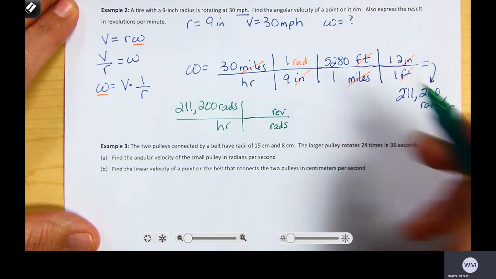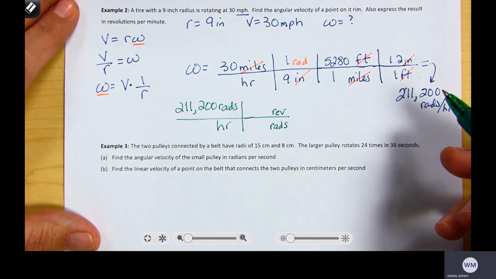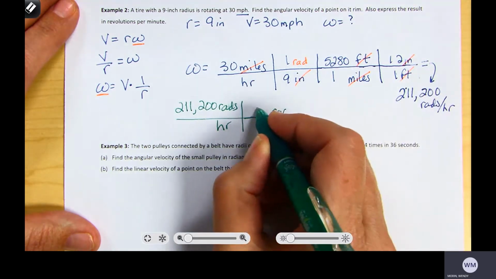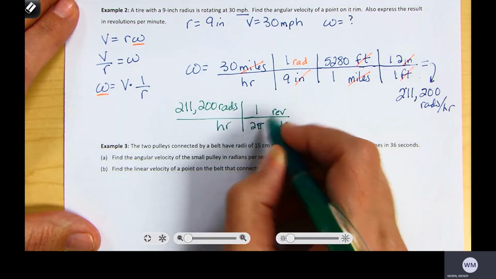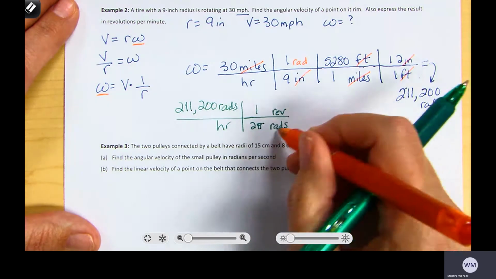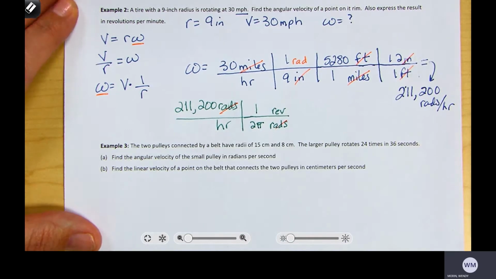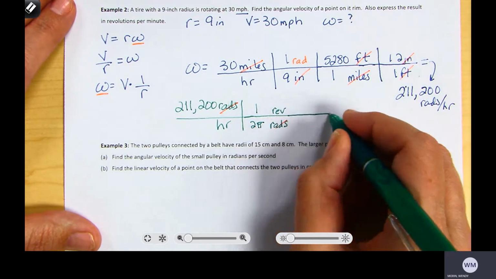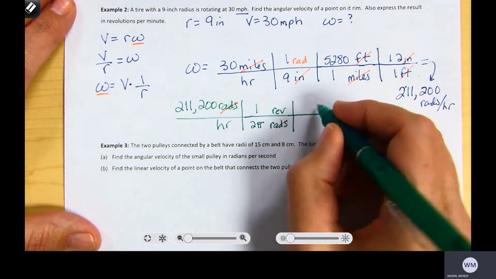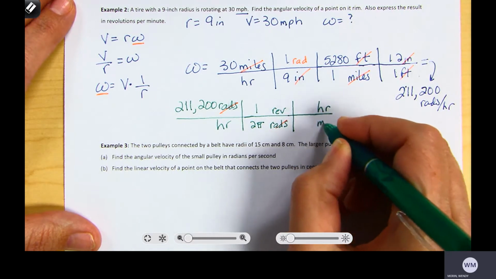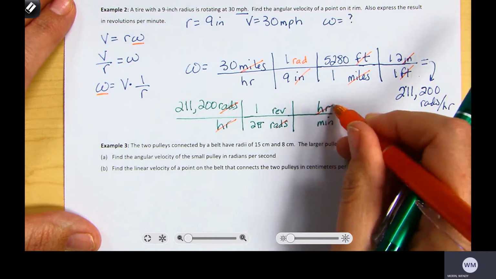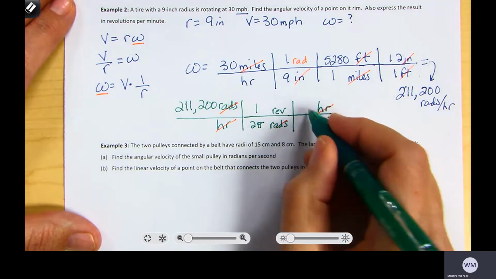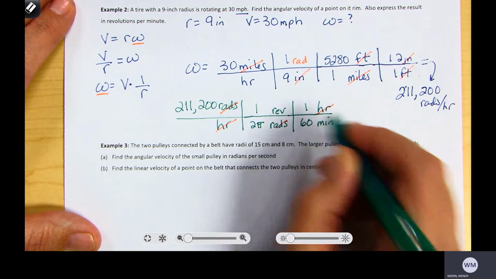So what do I put where? One revolution is 2 pi radians. So now I have revolutions per hour. And it's asking for revolutions per minute. So I want my hours to cancel and be left over with minutes. So 1 hour is 60 minutes.